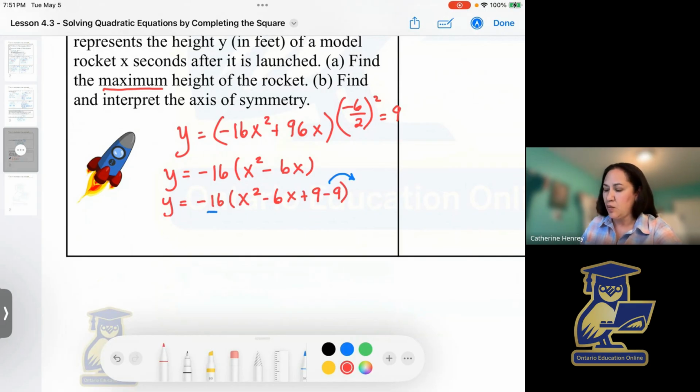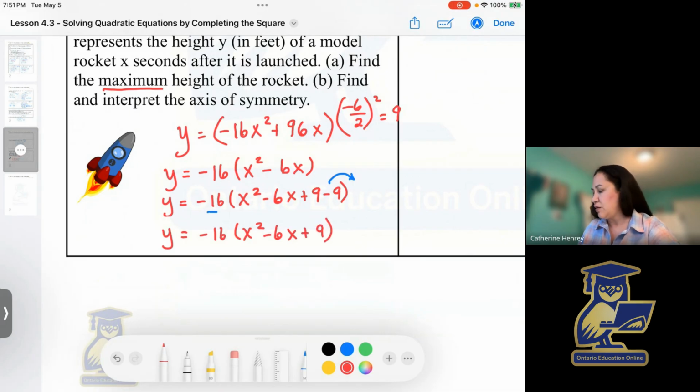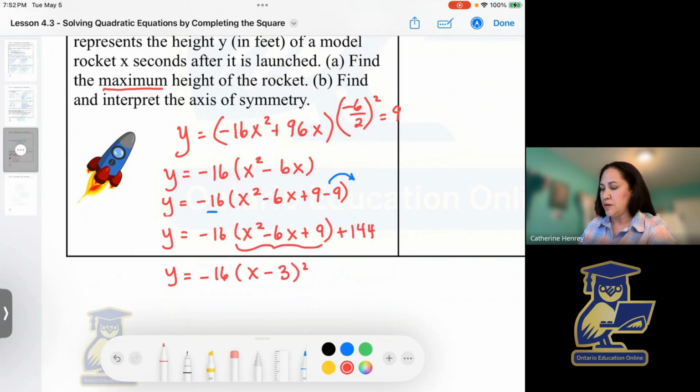So y equals negative 16 times x squared minus 6x plus 9. And when we move that outside of the bracket, it is plus 144. You can check my calculation there. Then let's simplify the perfect square trinomial in the middle. So y is equal to negative 16 times x minus 3 squared plus 144.